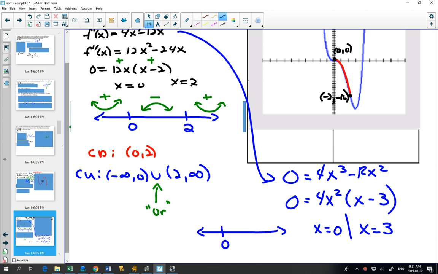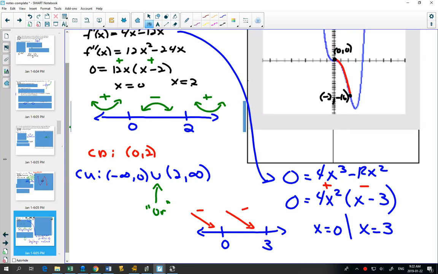If you made your first derivative number line and plugged things into your first derivative, you would find out that less than 0, this section is positive, this section is negative. Positive times negative means your original function is decreasing before 0, which we can see on our graph. It goes down to (0, 0). And then between 0 and 3, if you plugged in 2, this is still positive, this is still negative.